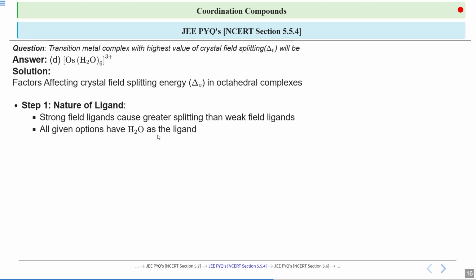All the given options have H2O as the ligand, so we can't focus on this factor. Why? Because all the complexes have the same ligand, that is water. Water is a neutral ligand with charge 0, so we can't go with the nature of ligand factor.